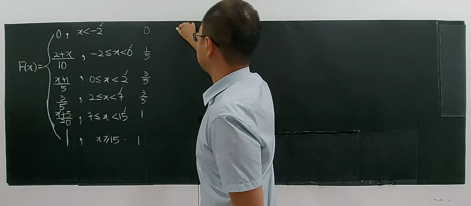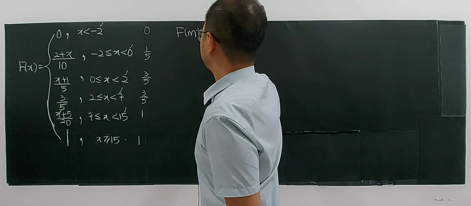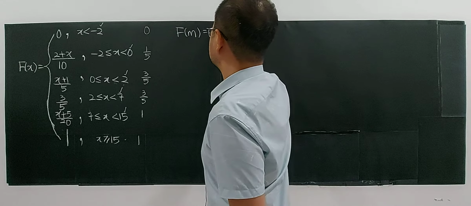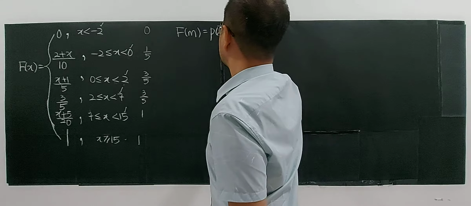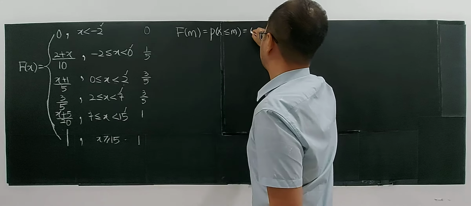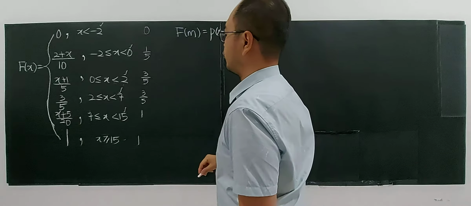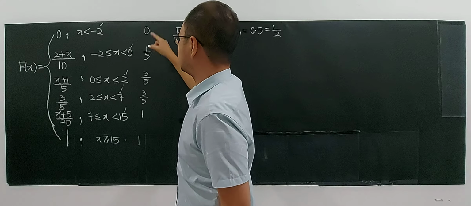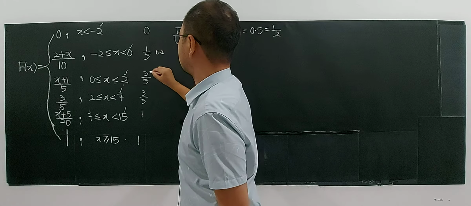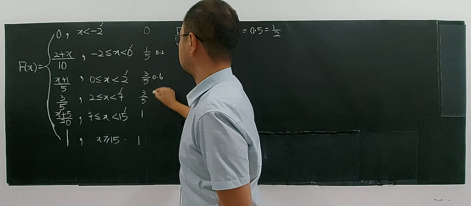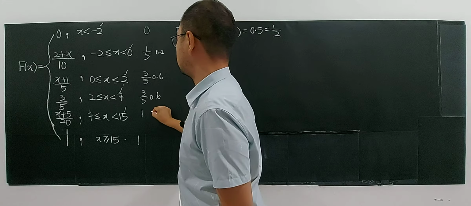The median is defined by the cumulative probability, P(X ≤ m) equals half, 0.5. If you see all the values here, this is 0, this is 0.2, this is 0.6, this is also 0.6, this is 1.